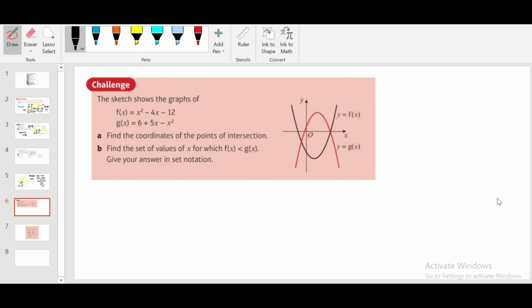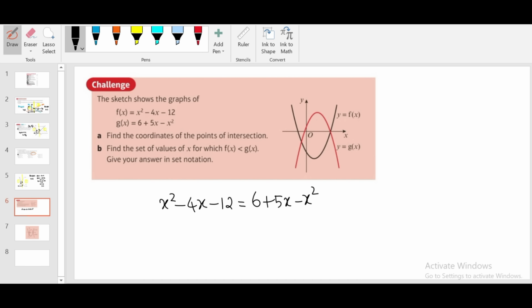I have taken the challenge question here. The reason why I have taken this, usually I ask you to divide the graph through the point of intersection, but in this case you have 2 points of intersection. So first let's find the x coordinate of point of intersection. Equate the functions: x square minus 4x minus 12 is equal to 6 plus 5x minus x square.